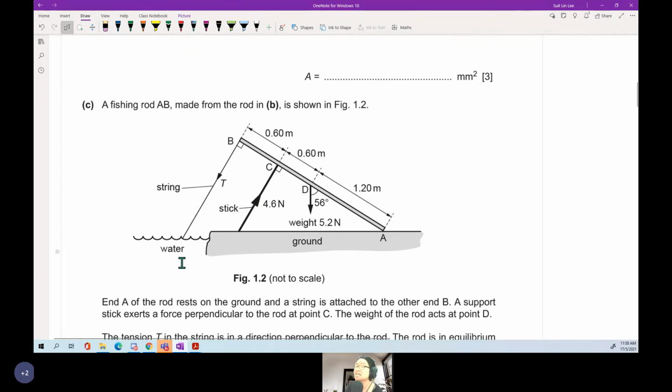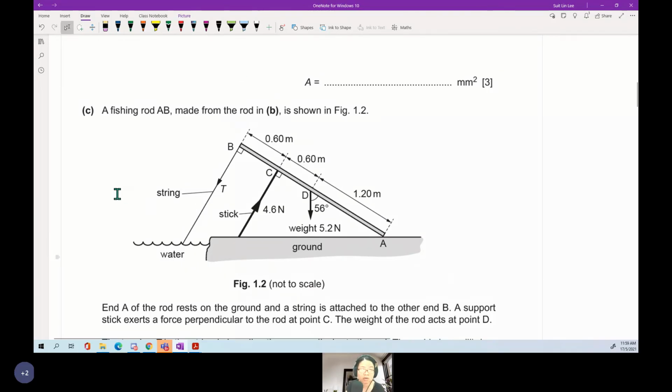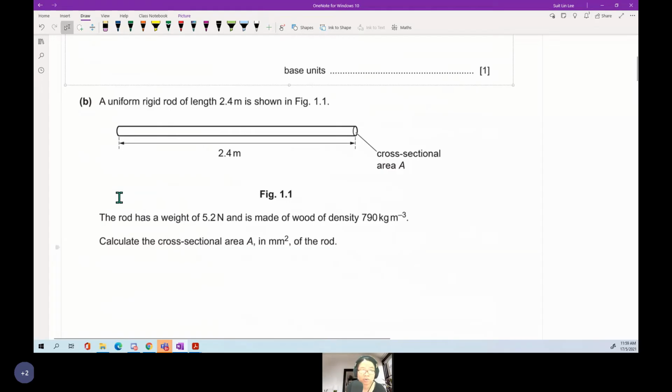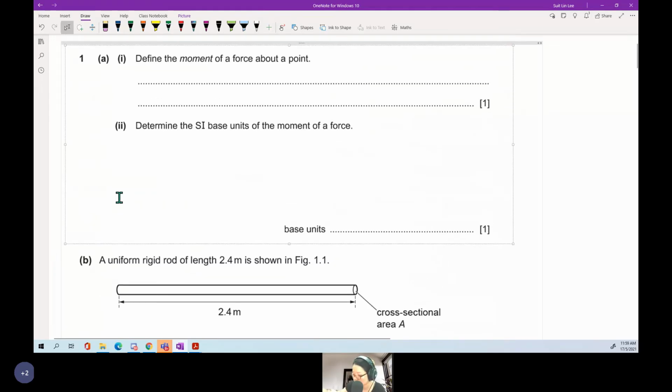Does the fish have forces? Yes, the fish obviously has forces, upthrust, and there's tension from the string. I'm thinking the string is tied to the fish. I don't know. My system is also not the ground. Is there a contact force? Is the rod pressing down on the ground? Pretty sure it is, but I don't care because my system is the rod. Always identify the system that you're trying to analyze, and then the rest, just push to one side. Don't care. Leave it out.